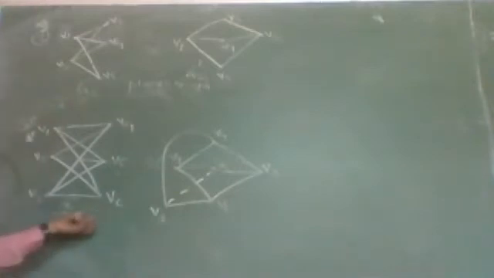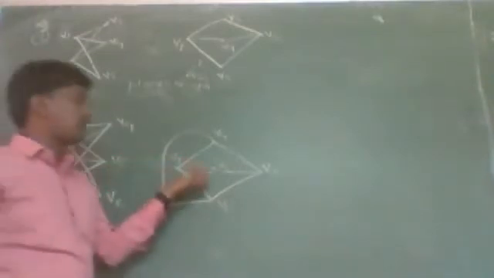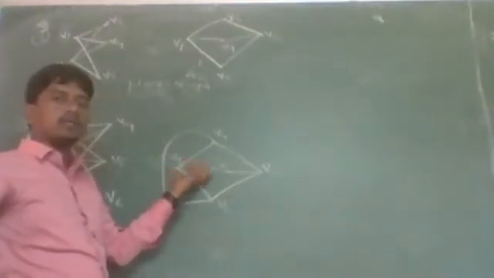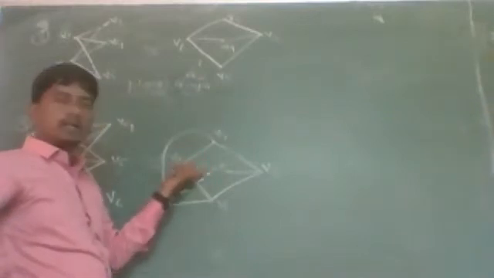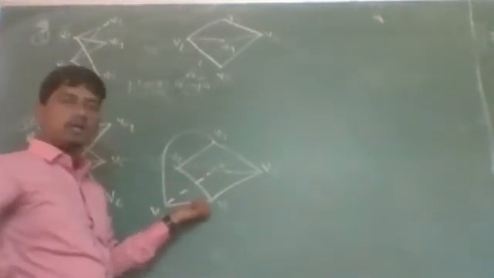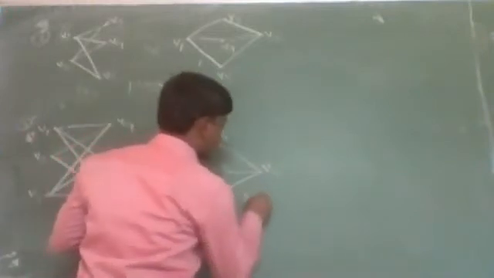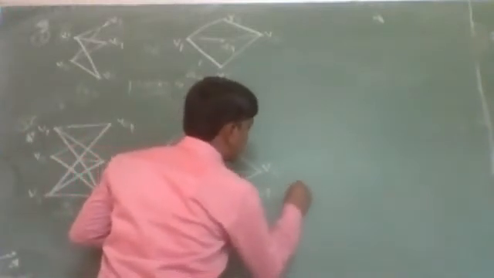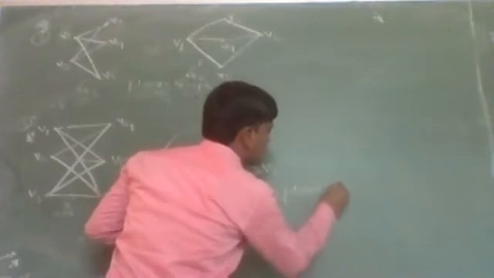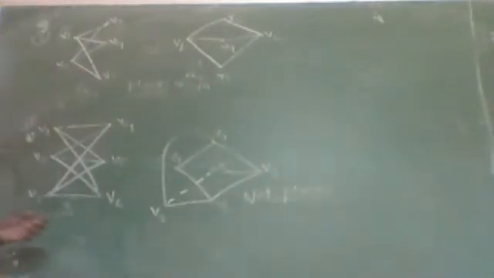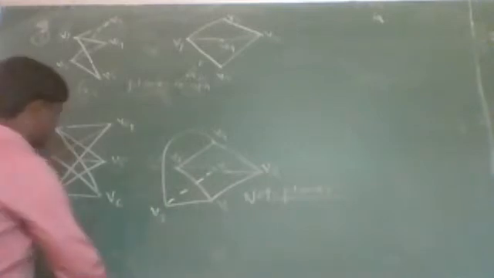So it is not possible to draw the graph in such a way that there is no edge crossing between the edges. So this isomorphic graph is not planar. It means the original graph G3 is also not a planar graph.